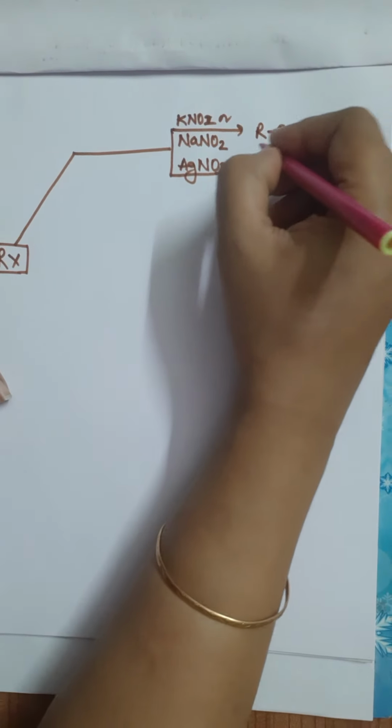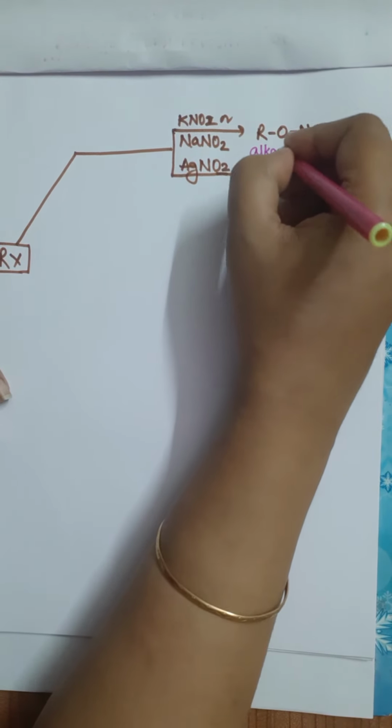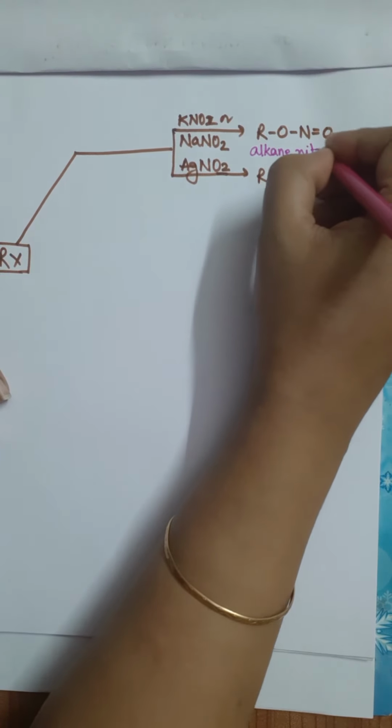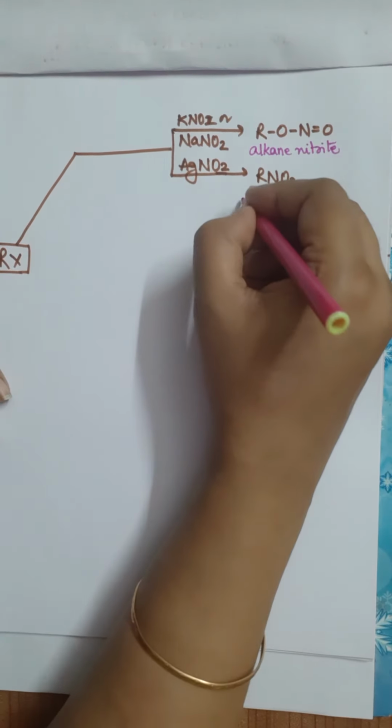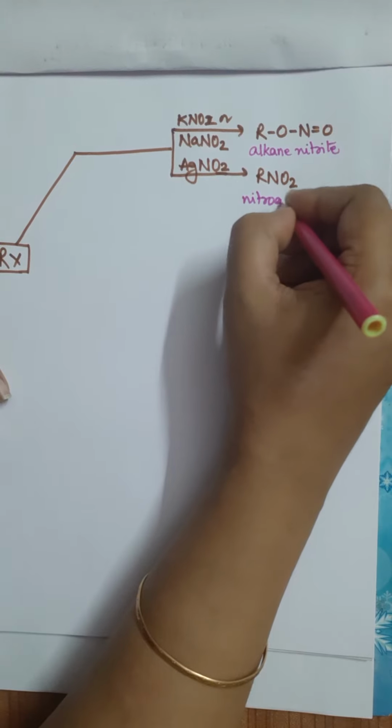Now what is the difference in the two compounds? First compound is alkane nitrite and the second one is nitroalkane. Now you can see here again there is a difference in the bonding.